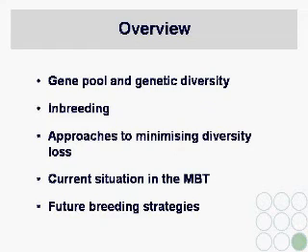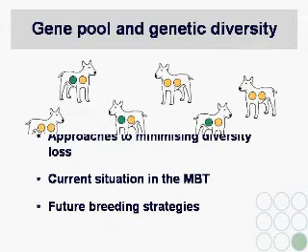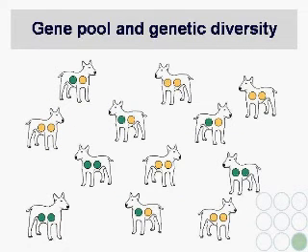And again, as you heard this morning, all about DNA, every individual has two copies of every gene, two copies of every chromosome, one from mum and one from dad. So if we were to look at our gene pool, here a group of Mini Bull Terriers, let's say it's the UK population, each of these dogs, if we were to look at a particular gene, has two copies of that gene, and they may have different genetic variants or DNA sequences.